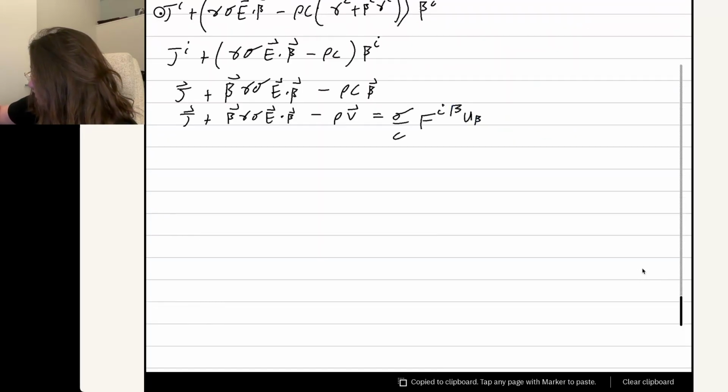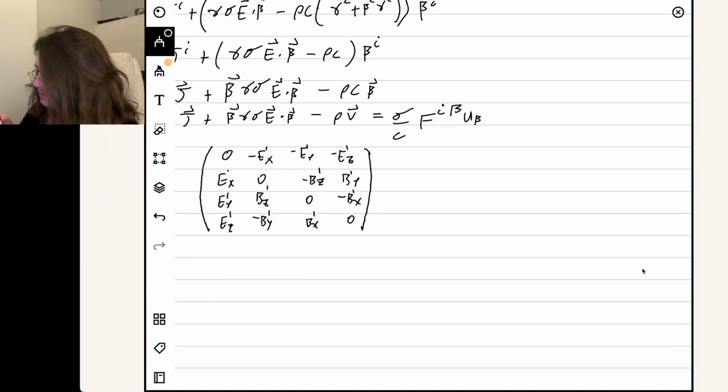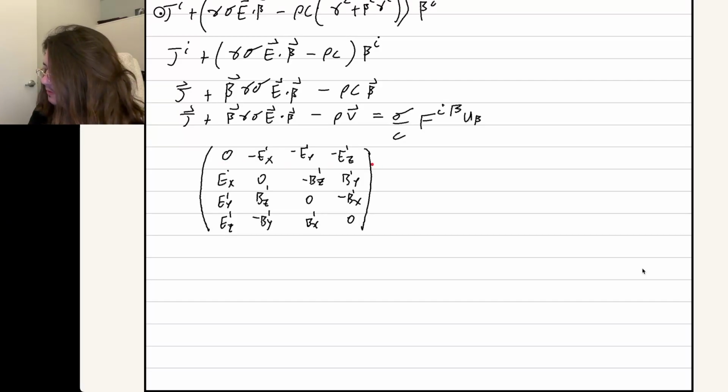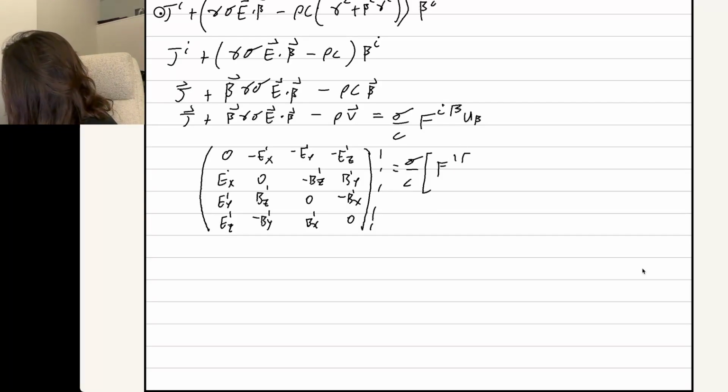And since we're only summing over the spatial components, we can pretty much neglect anything that's going to come from the top row. So the right-hand side is looking like sigma over c, and then it's going to have f_1beta, so the second row, times u_beta, plus f_2beta u_beta plus f_3beta u_beta.